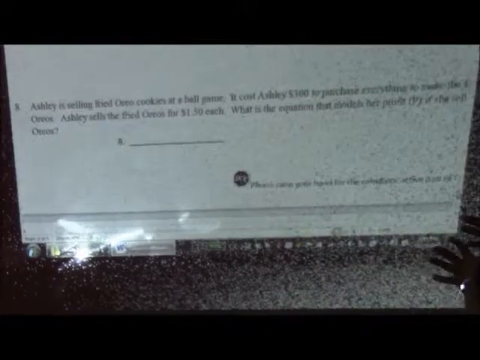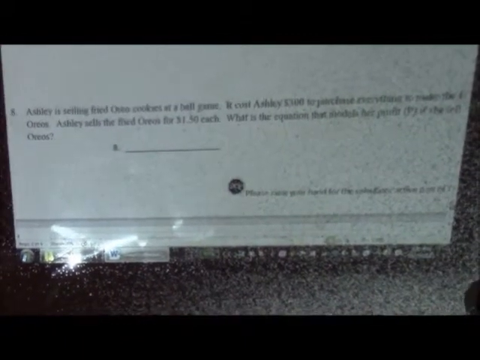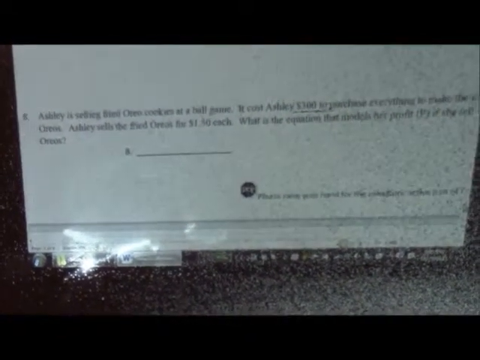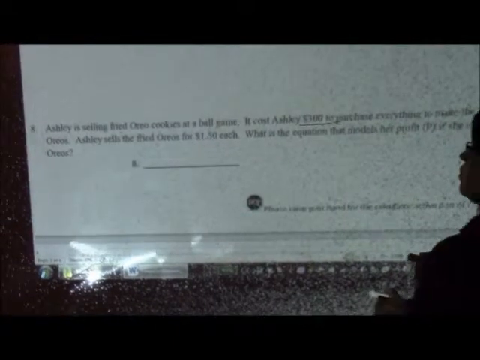It cost Ashley $300 to purchase everything. So it's $300 to purchase everything to bake the fried Oreos. Her sales for fried Oreos will be $1.50. What is the equation that models her profit?